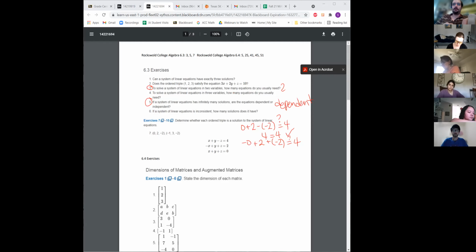For the second, you have 0 plus 2 minus 2 equals 2, because minus 2 and plus 2 is going to be 4, and 4 is not equal to 2. The first one I made a mistake, 0 plus. No, the second point, because in the variable we have 0, 2, minus 2, right? When we need to plug those points into the second equation, it is going to be 0 plus 2 minus 2 equals 2. Uh-huh.